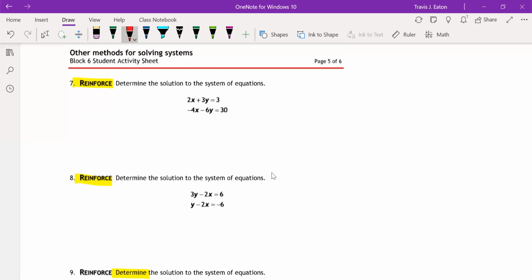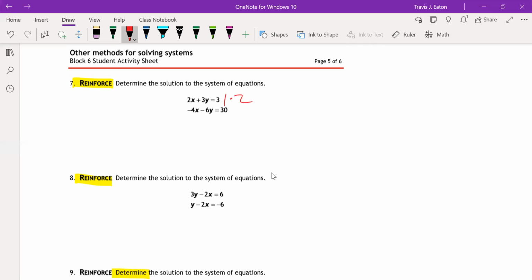What can we multiply by in either one of these equations so that we can eliminate one of the variables? I think I'm going to eliminate the y so I can solve for x. And so my plan is to multiply everything in the first equation by 2.